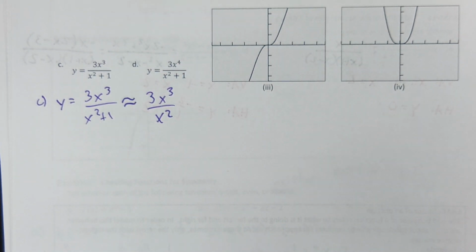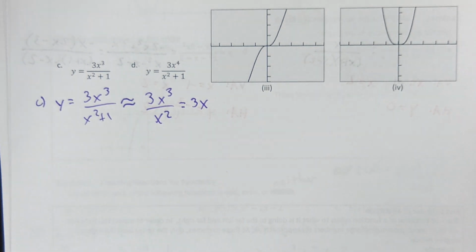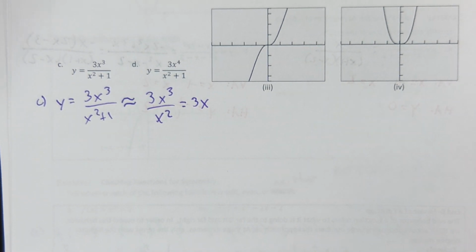We're forgetting about the plus 1 because it's going to mean very little when x is huge. And this reduces perfectly to 3x. That is a linear equation with a slope of 3.